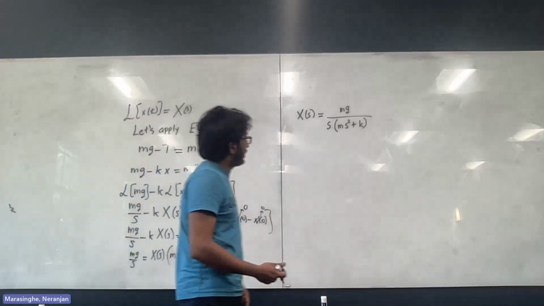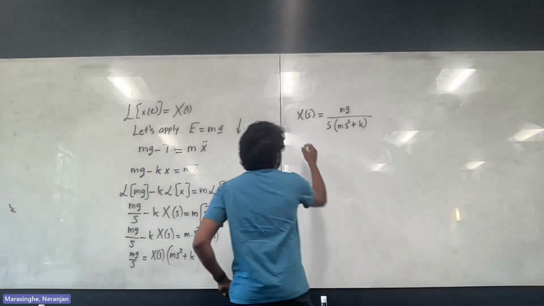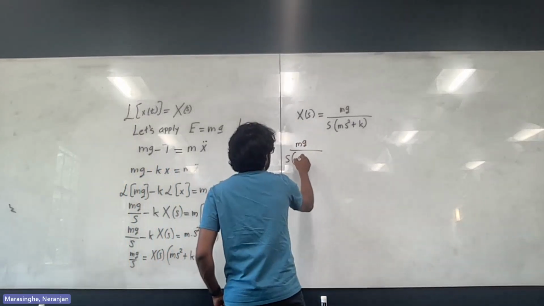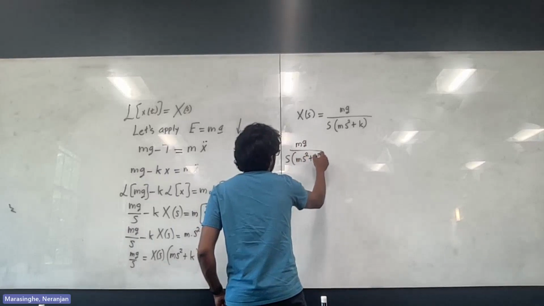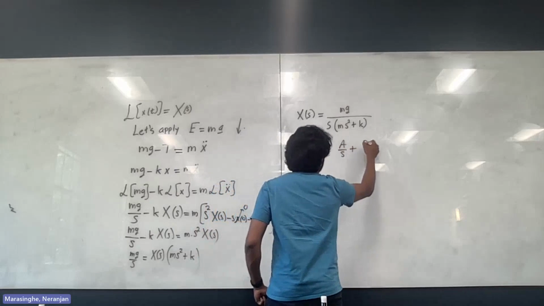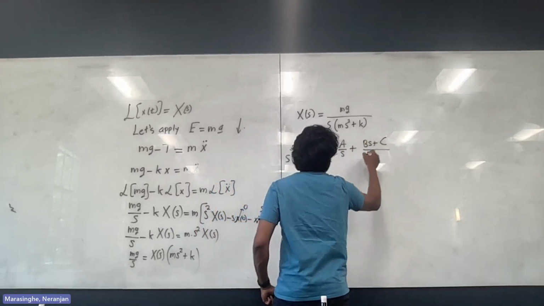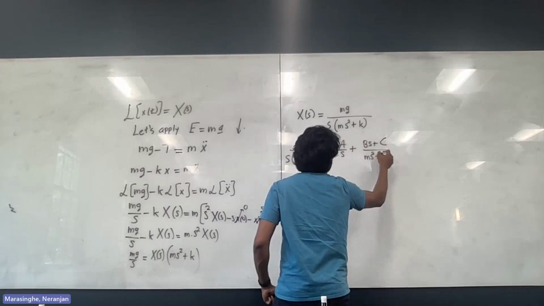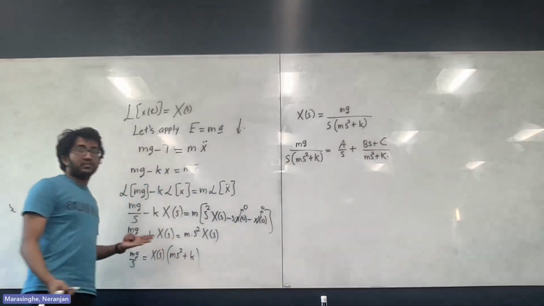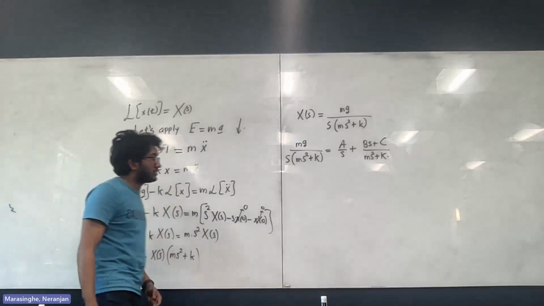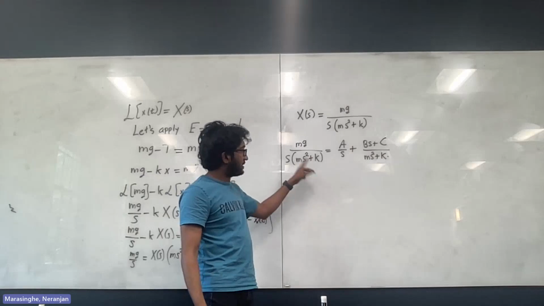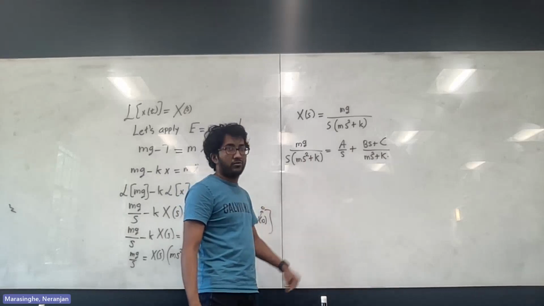Let's try to find the partial fraction decomposition of this portion. g divided by s times m s square plus k is equal to A divided by s plus Bs plus C divided by m s square plus k, right? So in this case, s is our Laplace variable, and all the others are some constants that we don't know, right?